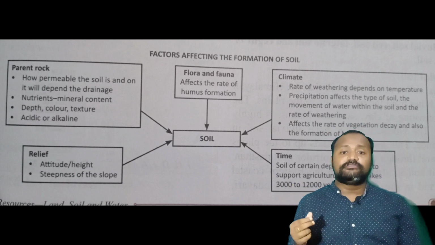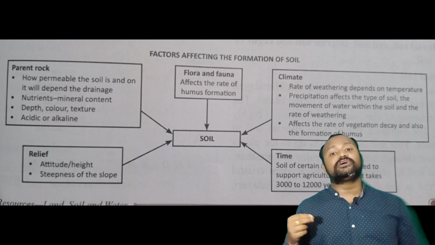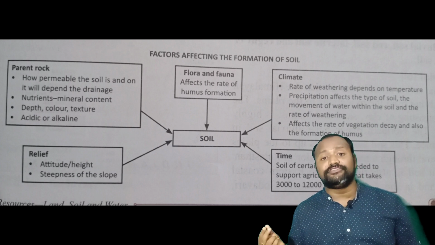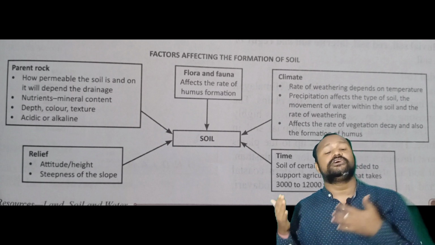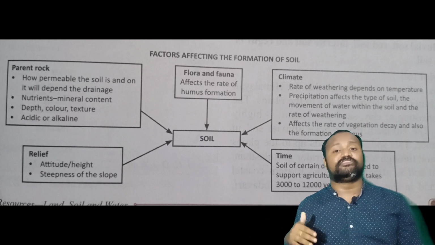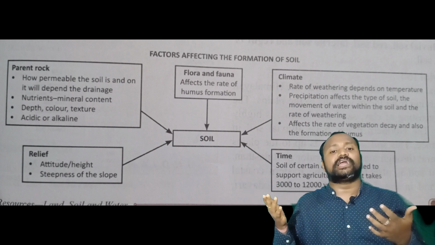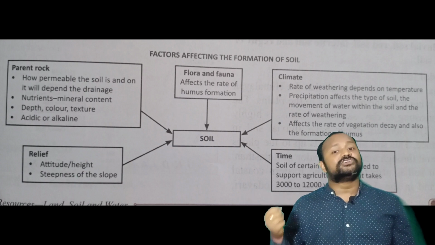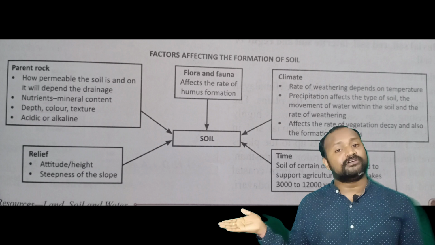Bhangar is the older alluvial, and bhangar is finer compared to khadar, because khadar is newly formed and bhangar is old. So as time changes, the type of soil varies, the texture of the soil varies, and the water retaining capacity of the soil also varies. All these things are essential factors for the formation of soil.